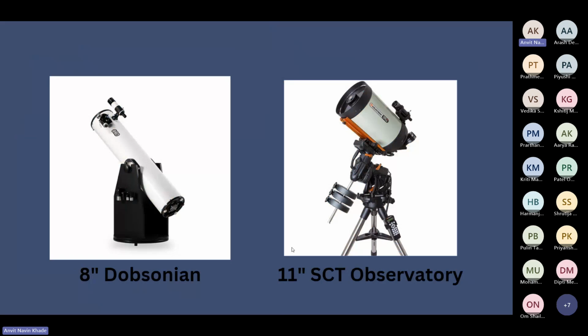It has a focal length of 1200 millimeters, and the upcoming Kritika Observatory, which will consist of an 11-inch SCT, a Schmidt-Cassegrain telescope, which is a combination of mirrors and lenses, will have a focal length of more than double, that is 2800 mm. We'll be able to get clear views of planets like never before.